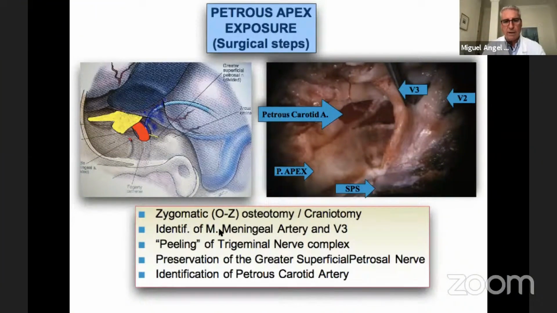We have to identify laterally the middle meningeal artery and the third division of the trigeminal nerve, the peeling of the trigeminal nerve complex, that is some incorporation to that kind of skull-base approaches coming from the 80s. After this peeling, we have to preserve the GSPN and also, of course, identify and preserve the Petrous carotid artery.